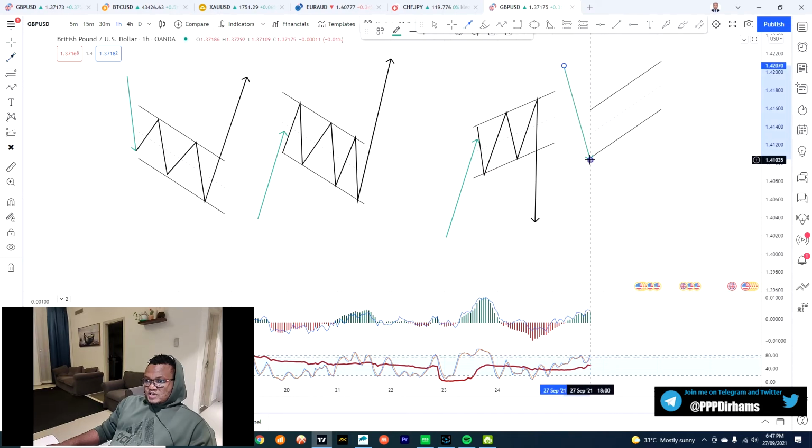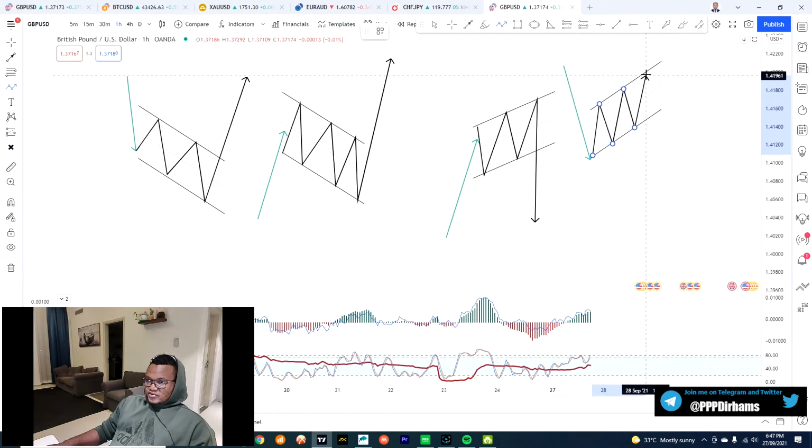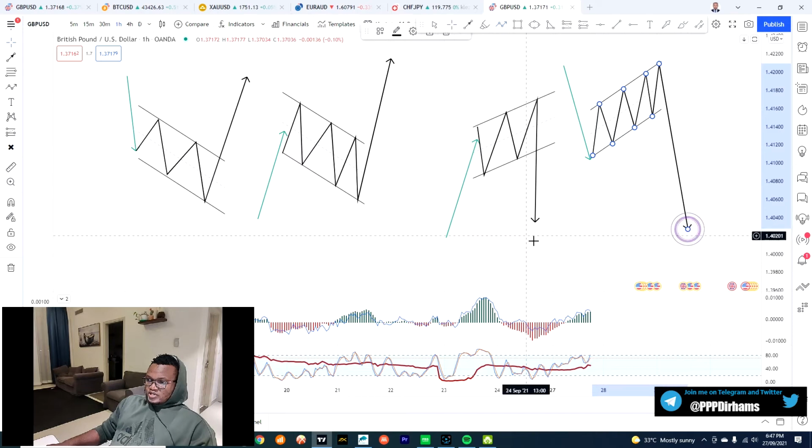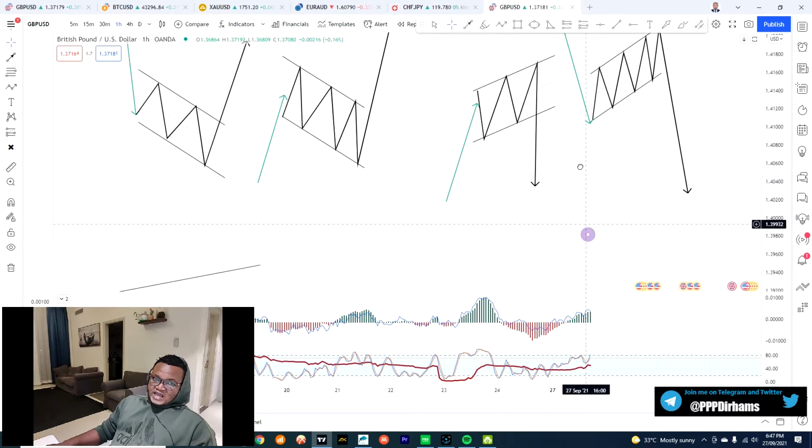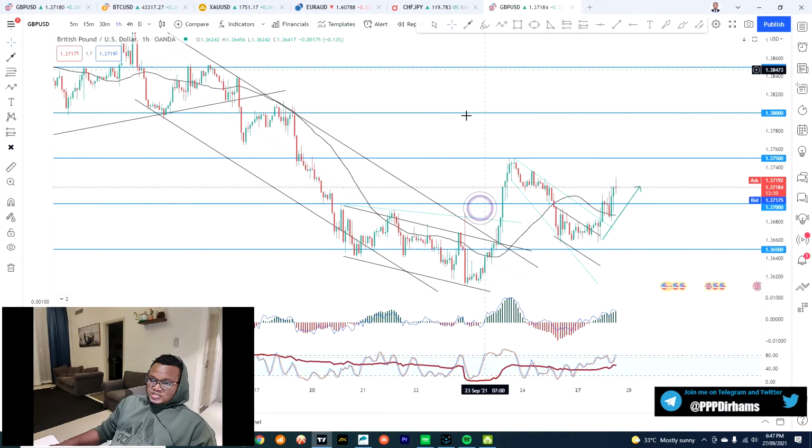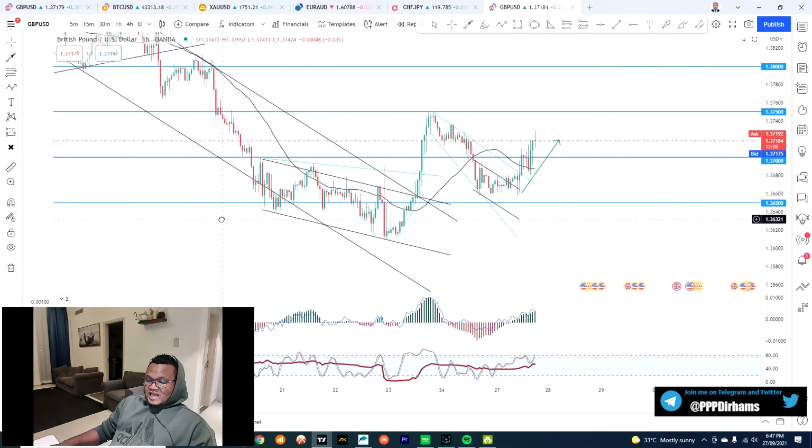If the price is coming from up to down, and it goes into a ranging market like this, zigzag market, corrective wave like this, there are chances that the price is going to break out in a continuation of the already existing trend.